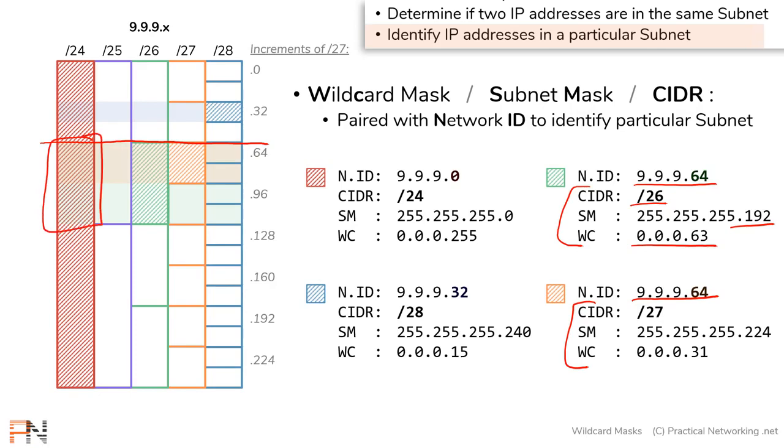Whereas if you paired it with the CIDR, subnet mask, or wildcard mask down below, you'd only be referring to this chunk of 32 addresses. Either way, this shows us that second function of wildcard masks, that you can use a wildcard mask to identify a particular subnet.